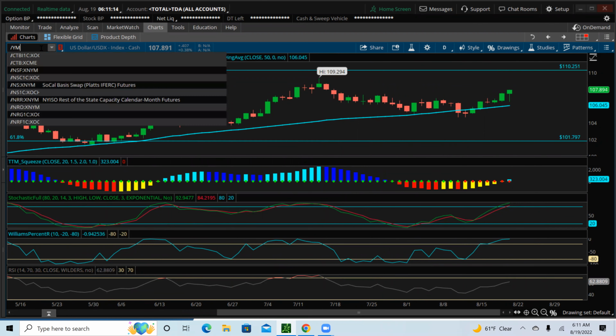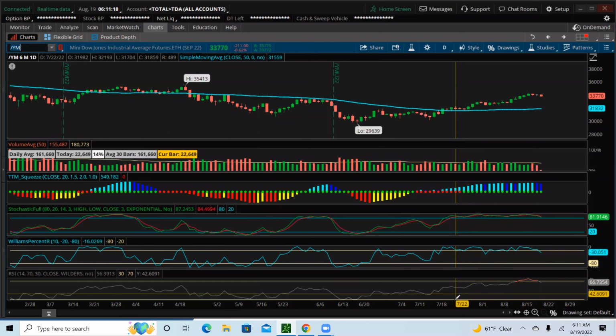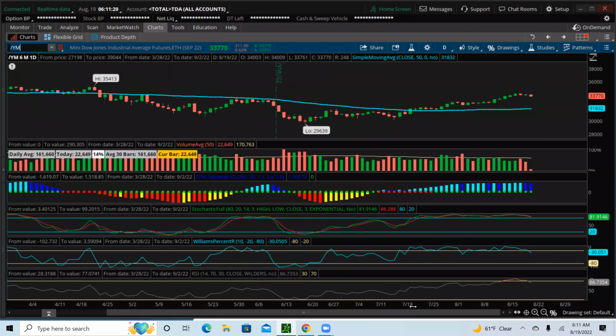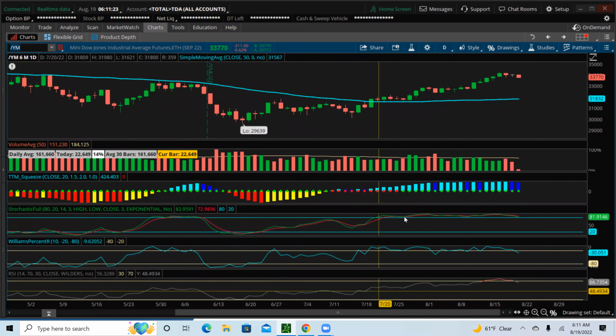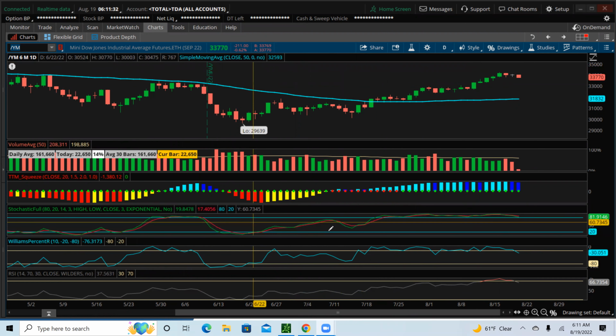And just to take a look at the Dow Jones E-minis early this morning, you'll see just the opposite. Now this is a daily chart. Since we got a nice little bounce off of the lows in early June, we've been in a nice strong rally, even back up above the 50-day moving average on a daily chart.